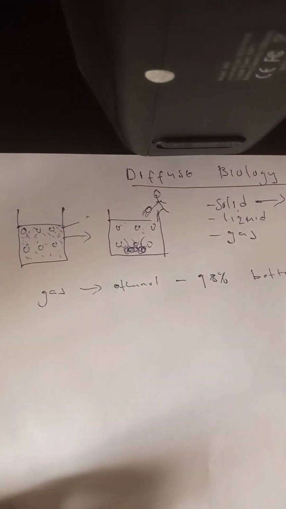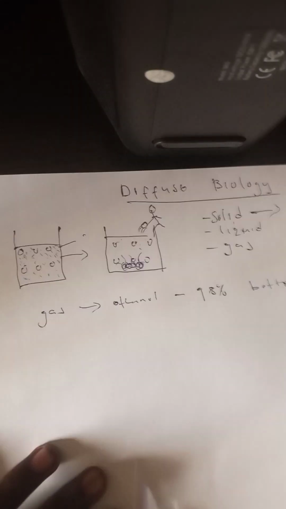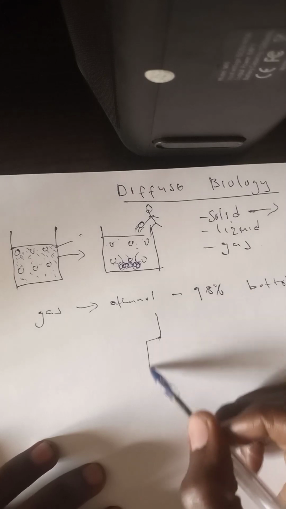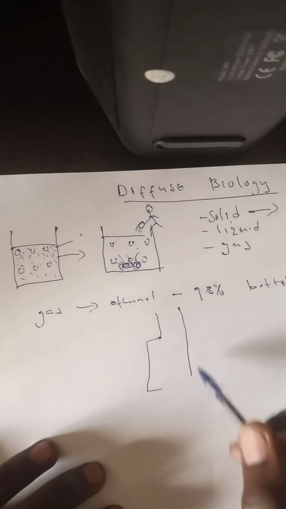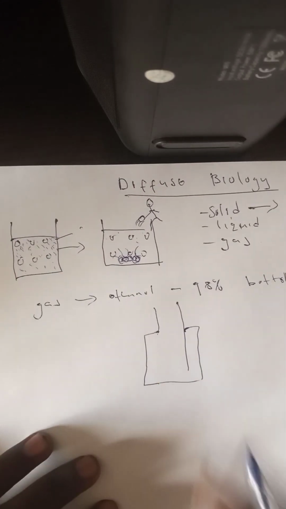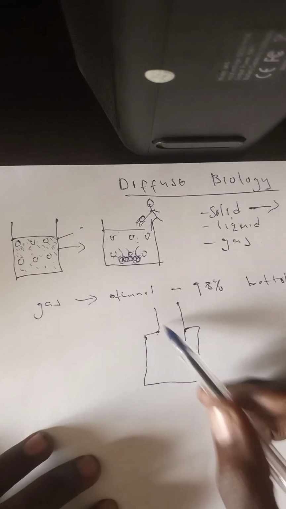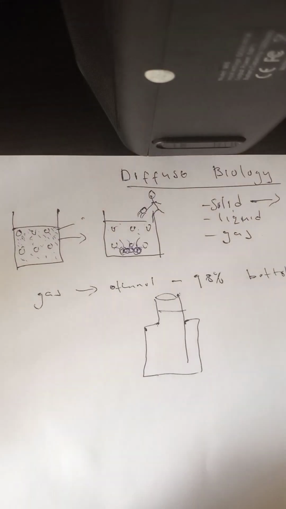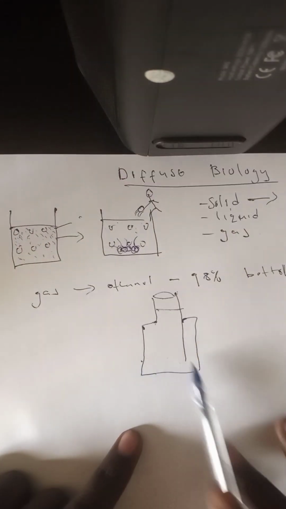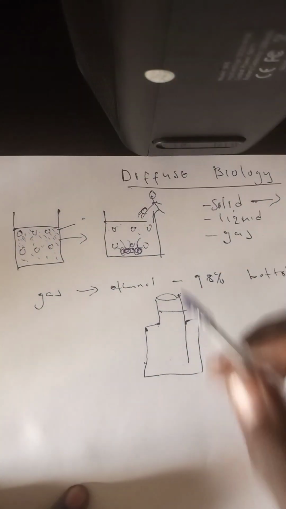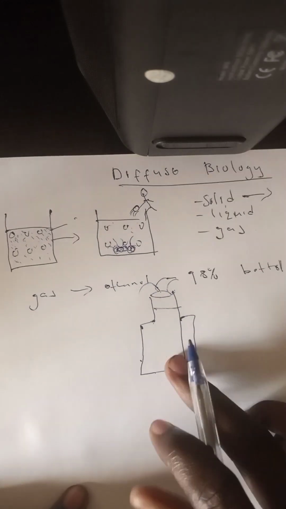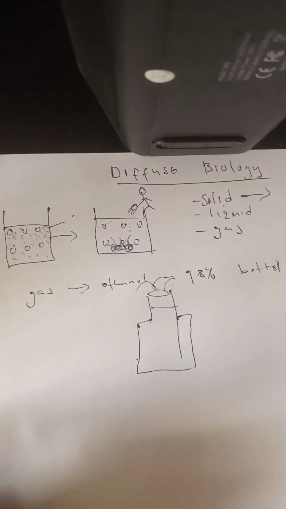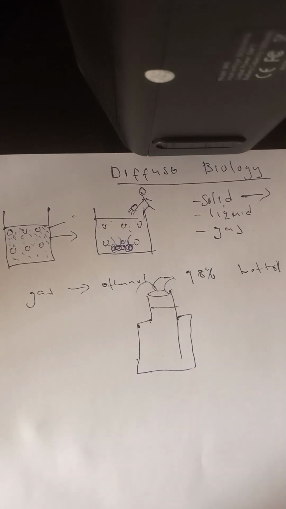Why? Because of the particles in ethanol. Let me draw a bottle here. Sorry, my bottle is not the best. Let's say this is a bottle of ethanol, and it was full. Then this is the lid. The particles of ethanol diffuse to the environment. They move from the bottle to the environment where there is less concentration of ethanol.